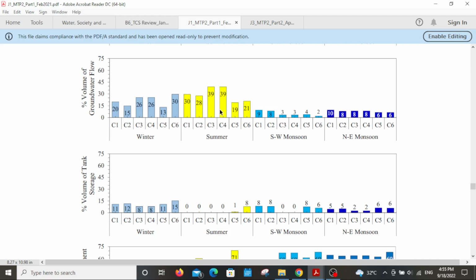One reason why groundwater is high in summer could be that during the rainfall season, the rainwater takes a certain duration to recharge the aquifers. That's why the groundwater is gradually increasing in winter and during summer.